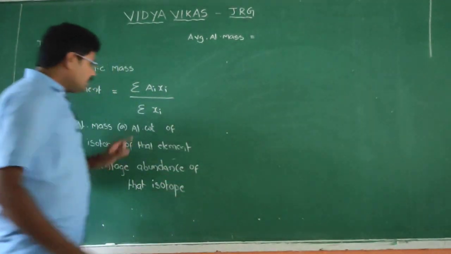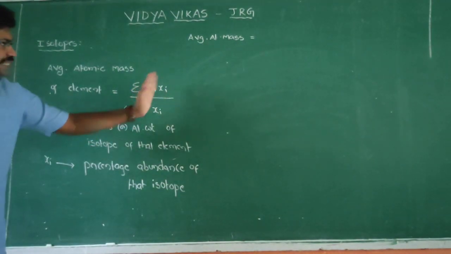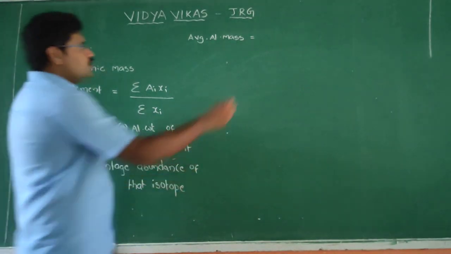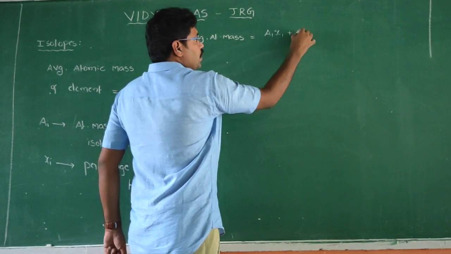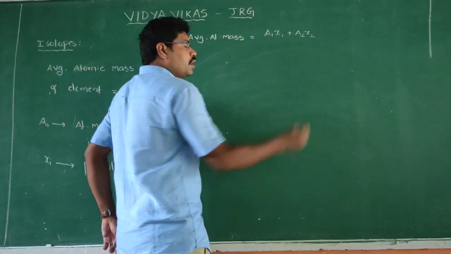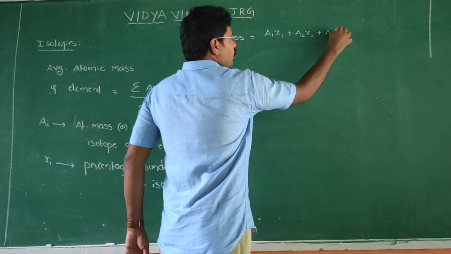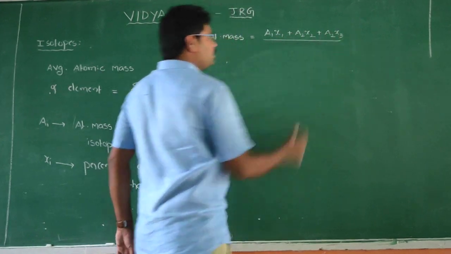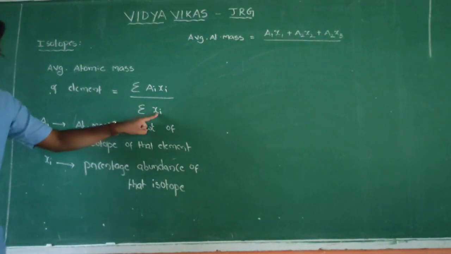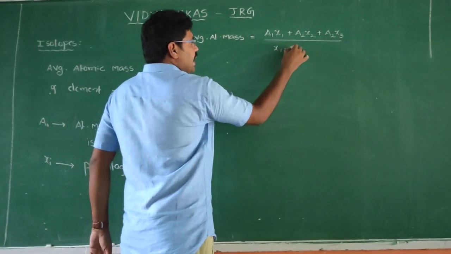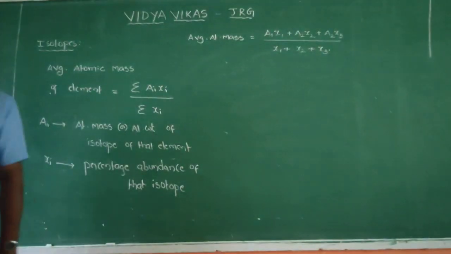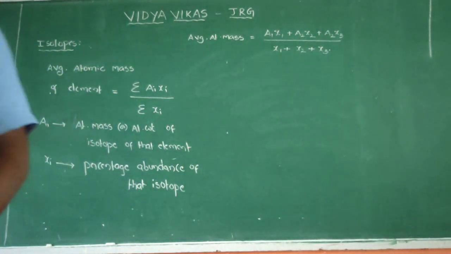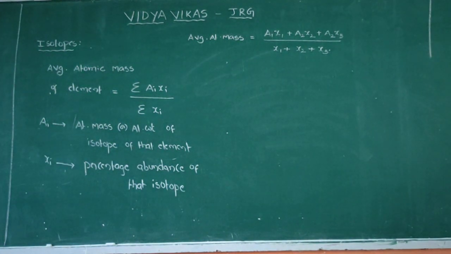It's clear that three isotopes means this formula is extended three times: A1x1 plus A2x2 plus A3x3 by x1 plus x2 plus x3, dear students. So this is the formula to calculate the average atomic mass of an element.